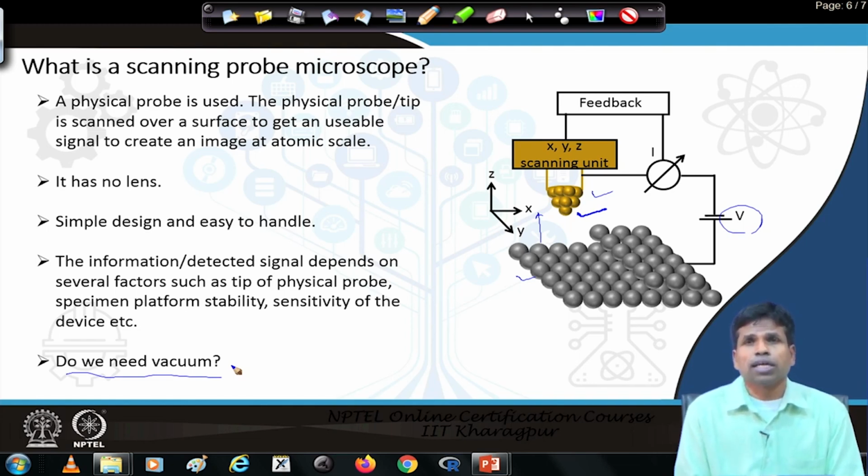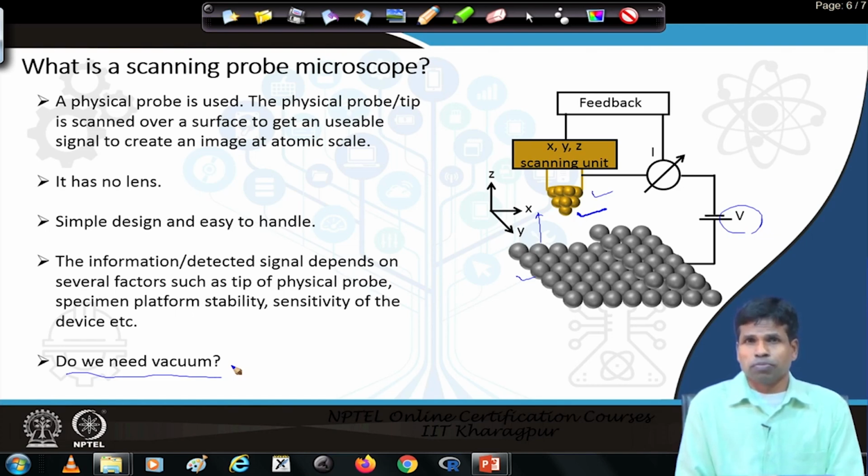Without vacuum we certainly can do it and get information, but in the normal atmosphere we have many gas molecules, and these gas molecules will adsorb on the surface of a specimen, and as we are going to study the very surface of the material, we may not study the very surface of the material, but rather the gases of our environment which are adsorbed on the specimen.